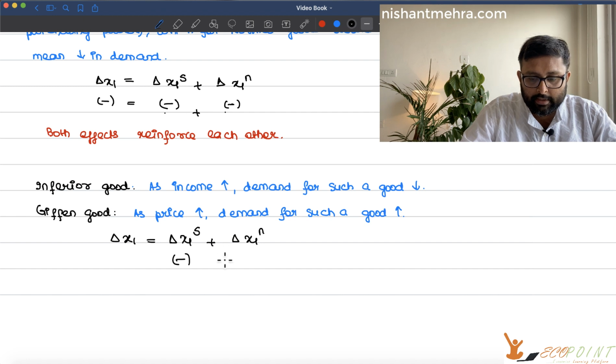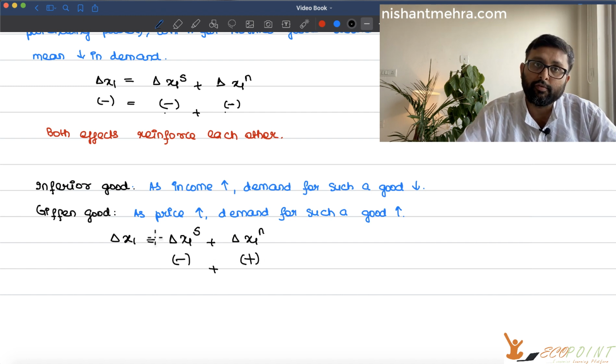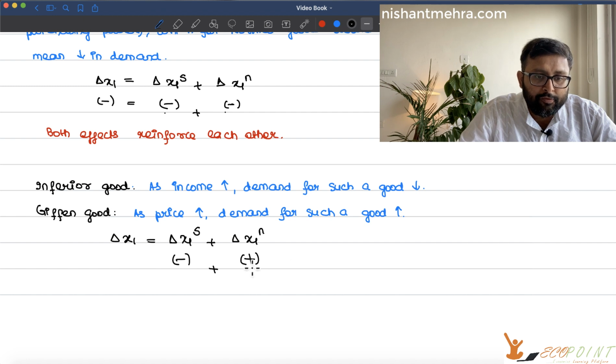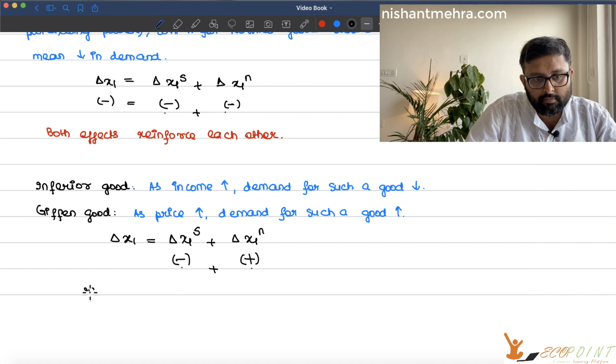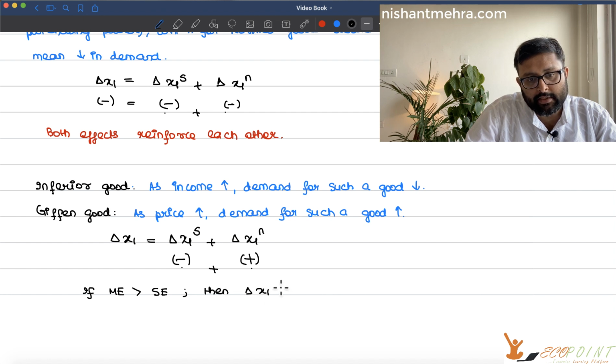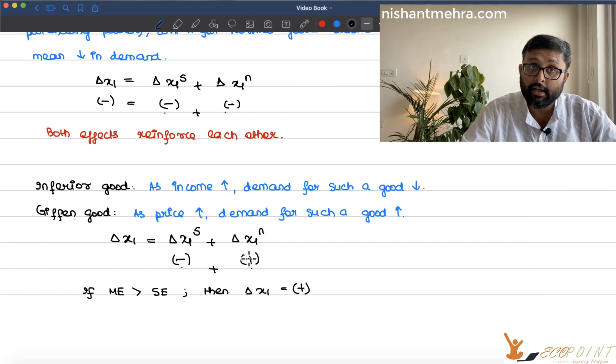So there can be a positive sign for the income effect for some kinds of goods. If the income effect outweighs the substitution effect, then the sign for delta x1 is going to be positive, because the positive income effect is outweighing the negative substitution effect.